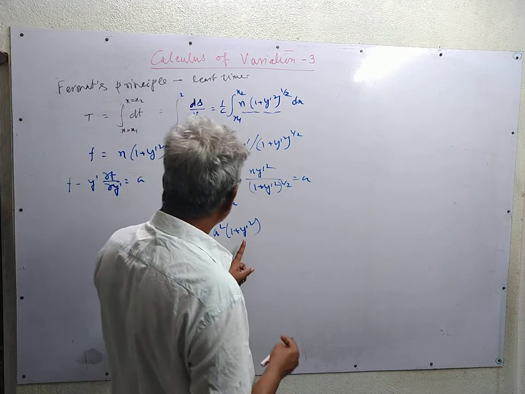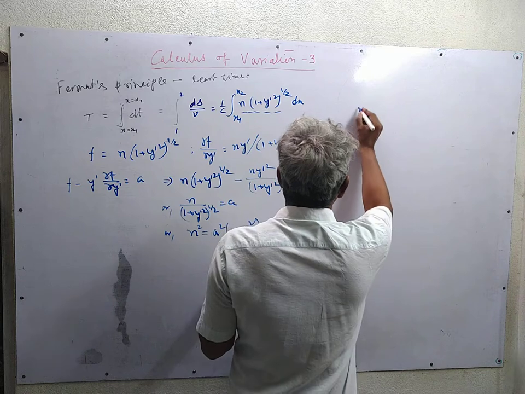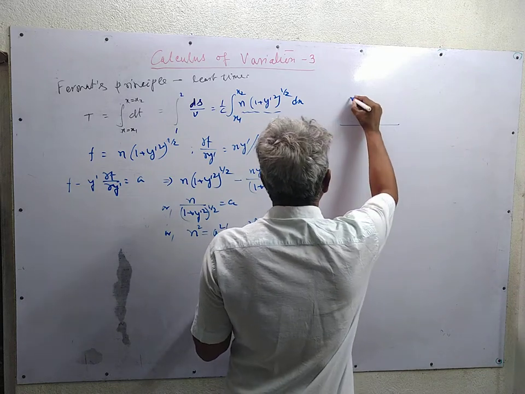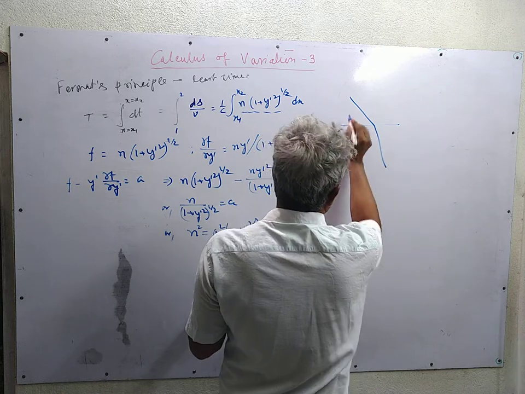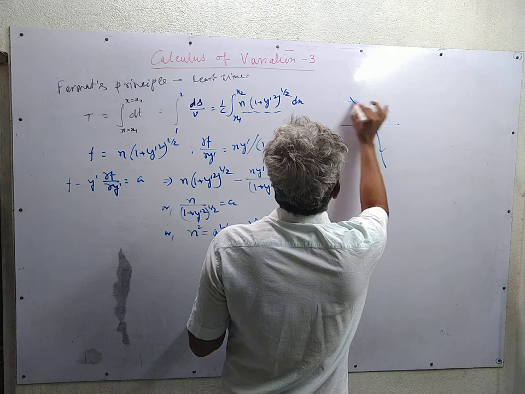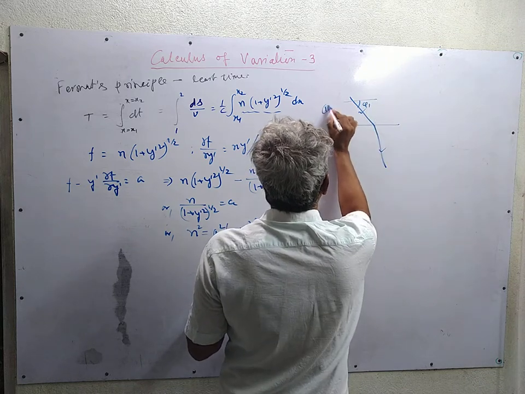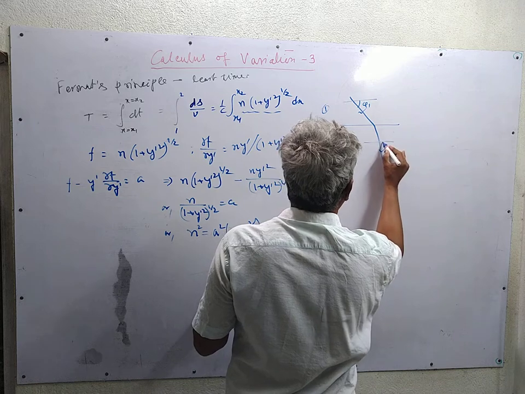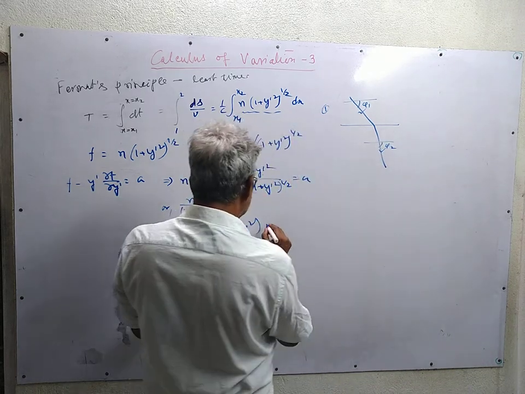Now y prime is dy by dx. Consider the ray traveling in one medium and moving to the other medium. This angle is phi 1 in medium 1 and this is the angle phi 2.